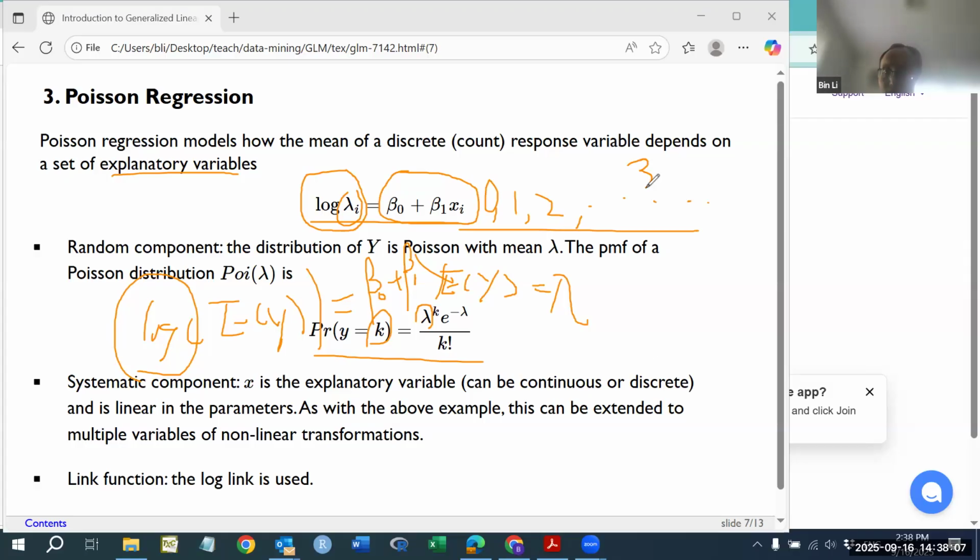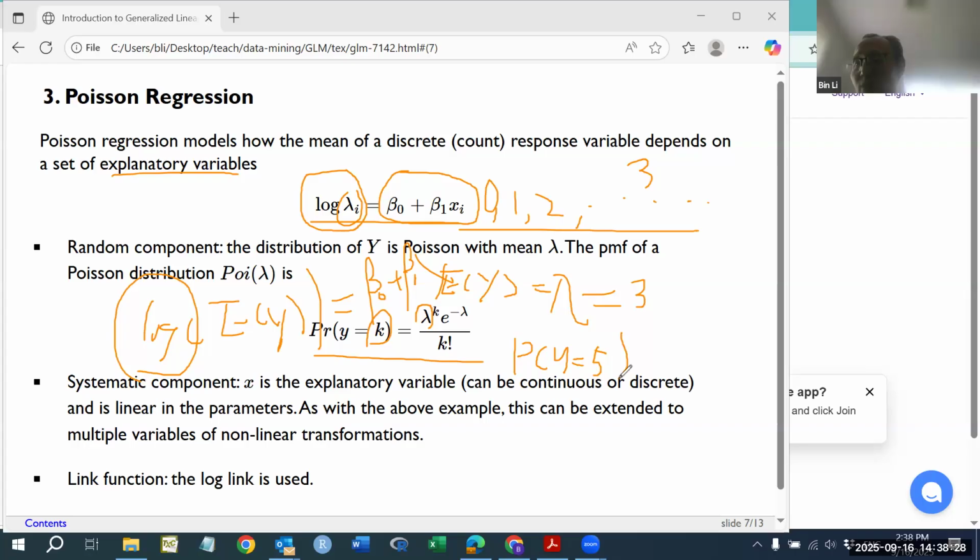So the lambda will be equal to what? 3, right? And then if we know that, you may ask, what is the chance of observing 5 car accidents this week?